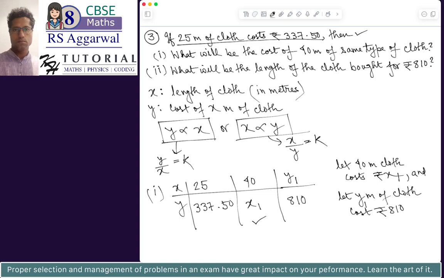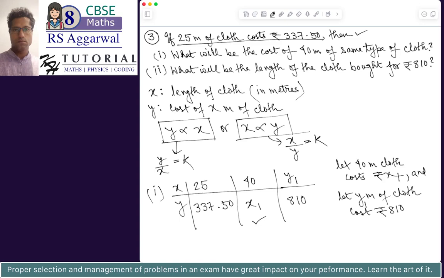Now in the second set of data, I think I did some mistake. No, it is fine. Sorry, I'm using wrong notation. All the unknowns for the quantity x should be named as x1, x2, x3 like this, and all the unknown values of the quantity y should be named as y1, y2, y3. So I did a mistake.